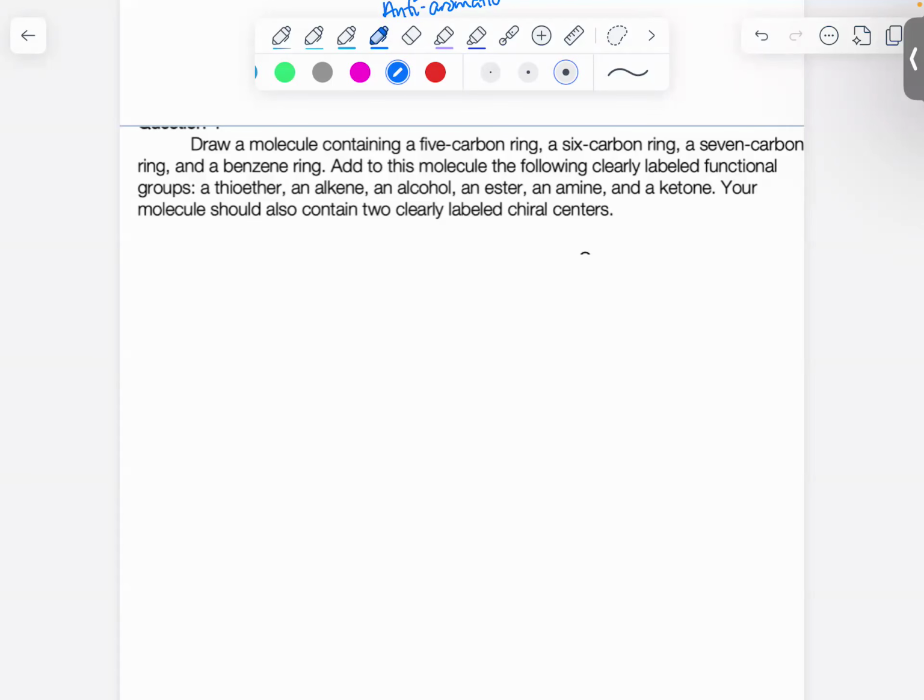Yes. So like you would get a point for having the 6 carbon ring and a point for having the 7 carbon ring and a point for having the benzene ring.